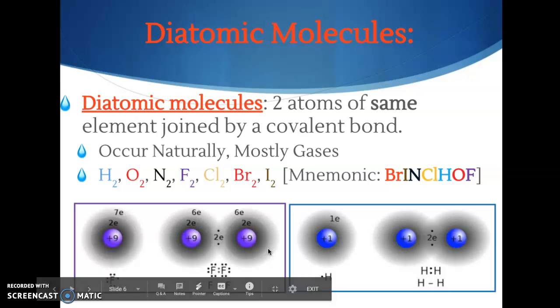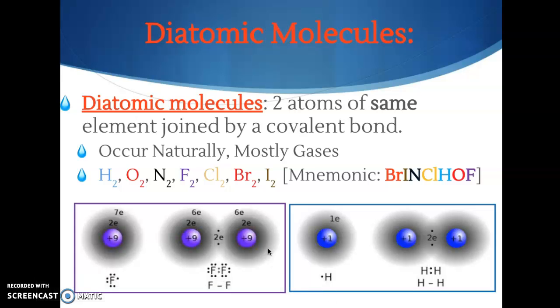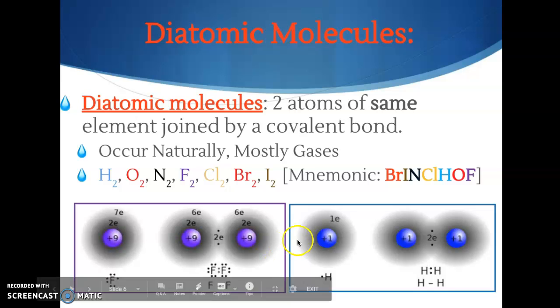Then there's diatomic molecules. That's where you have 2 atoms of the same element joined by a covalent bond. This occurs naturally, because the atoms are just more stable as a pair rather than as an individual atom all by themselves. They do this for reasons of stability. They're mostly gases, and there's 7 of them that you need to know about.